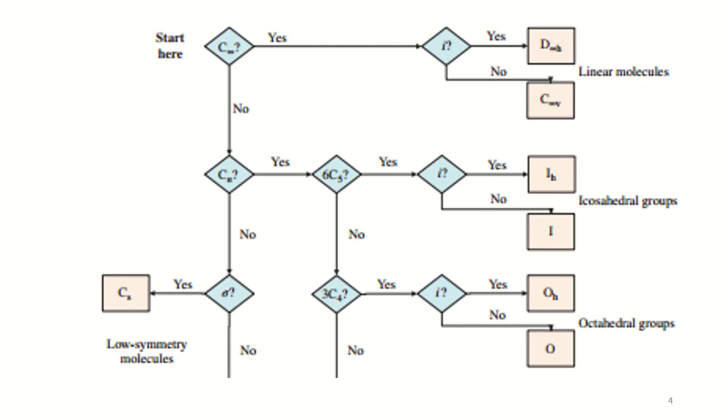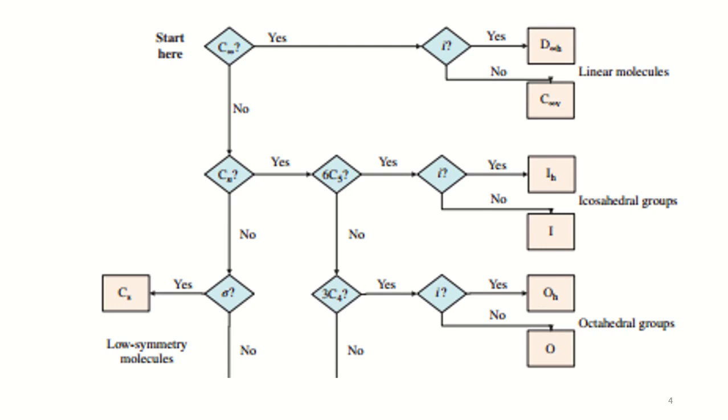Using the flow chart to determine the molecular point group of ammonia, for example, I would like to take ammonia because we have studied the multiplication table of ammonia in detail, as well as the different symmetry elements and operations found in the ammonia molecule. So, using the flow chart to determine the molecular point group of ammonia, there are no C infinity rotations.